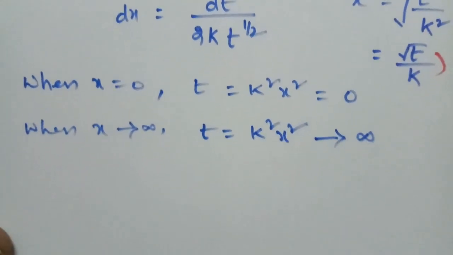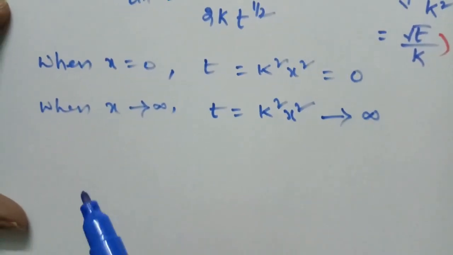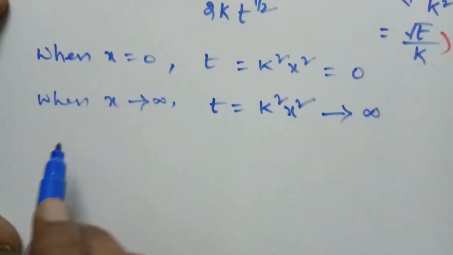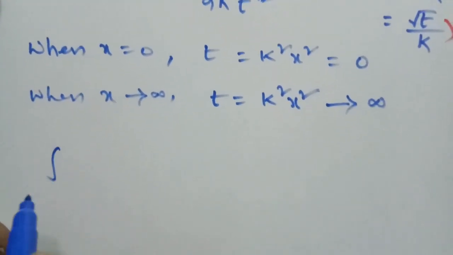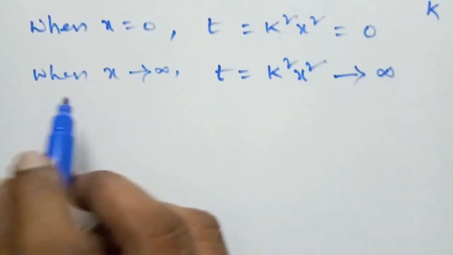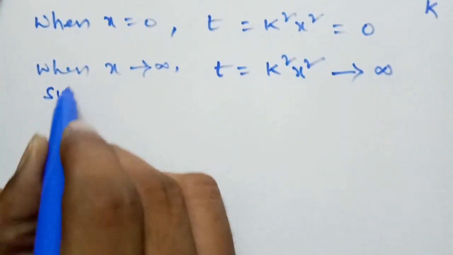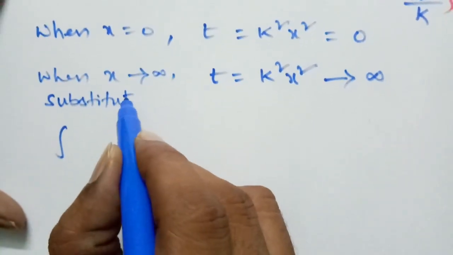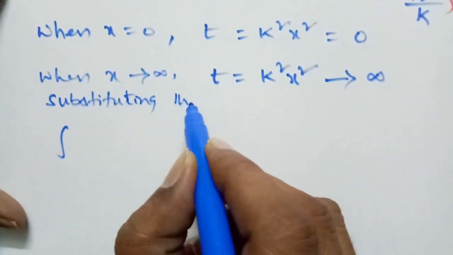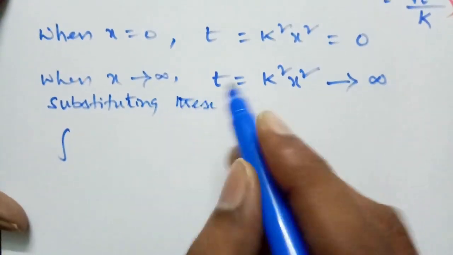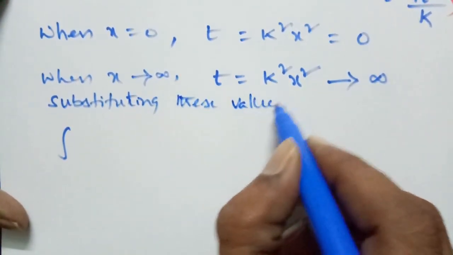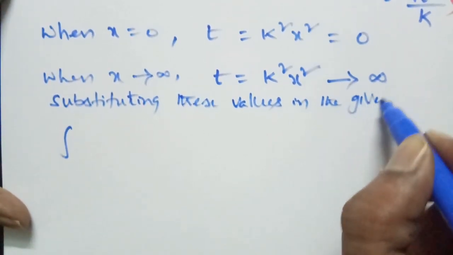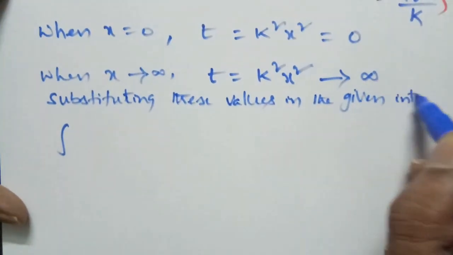We can change the variable from x to t by making the substitution k square x square is equal to t. Therefore we are taking the given integration, substituting these values in the given integration.